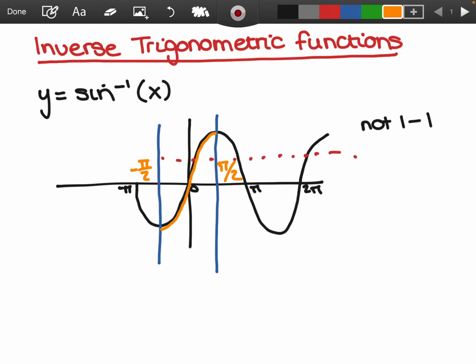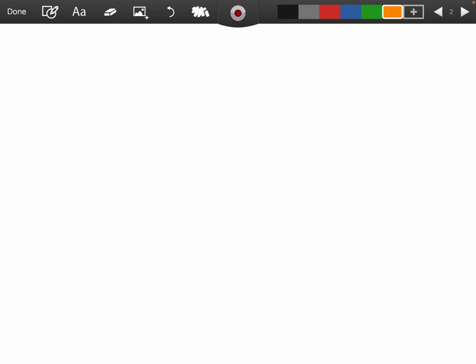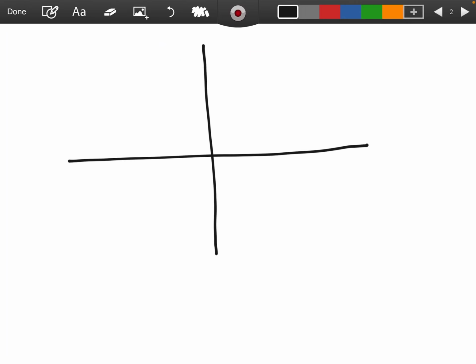So let's draw out that portion of the graph so that then we can actually graph the inverse of sine. Our original graph of y is equal to sine x on that restricted domain would look something like this, where this is pi/2 and this is -pi/2. If you remember, in order to draw an inverse function, we take the original graph and reflect it in the line y is equal to x.